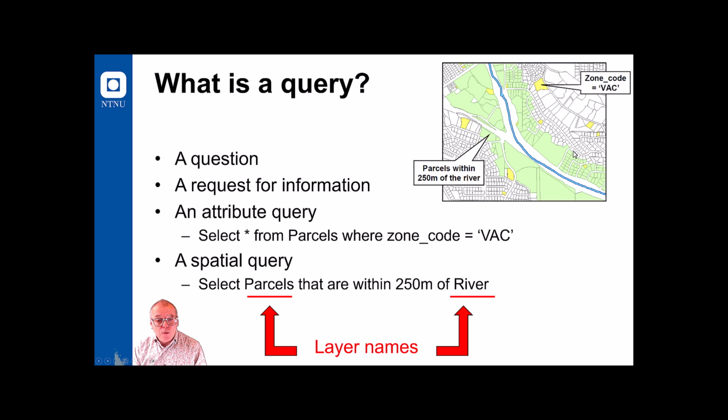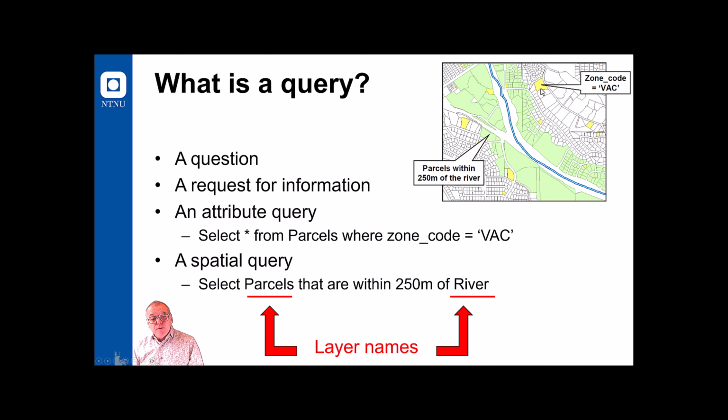So these are free parcels which may be open for sale, for instance. So if you are a developer, these may be places in town that you could develop. And then the response to this question formulated here, select star from parcels where zone code equals VAC, highlights in the map as these yellow polygons.